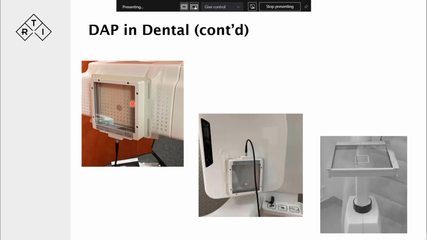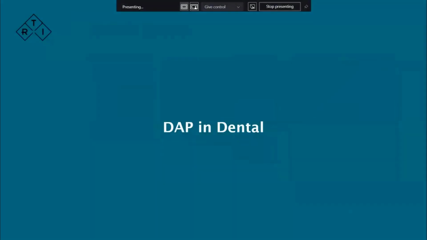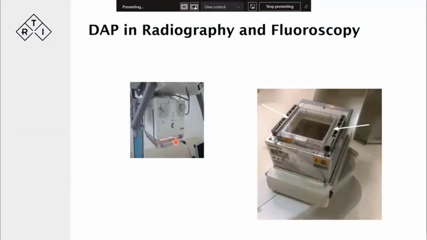But anyway, we don't have any holders here for it. If you see here on the side, there are rails that can be mounted that fit into a collimator of this kind. If you're looking at a radiography or fluoroscopy machine, that's a typical standard size where they slide into place.